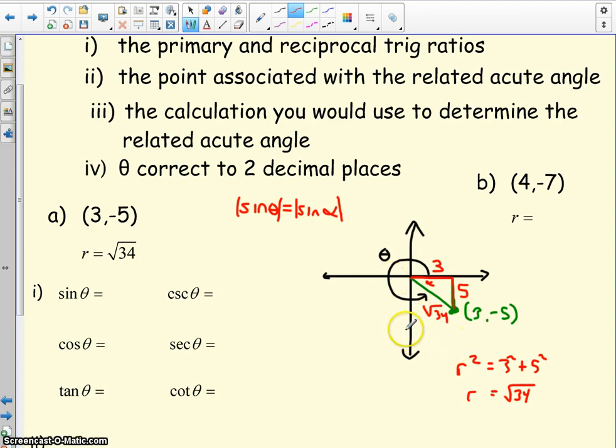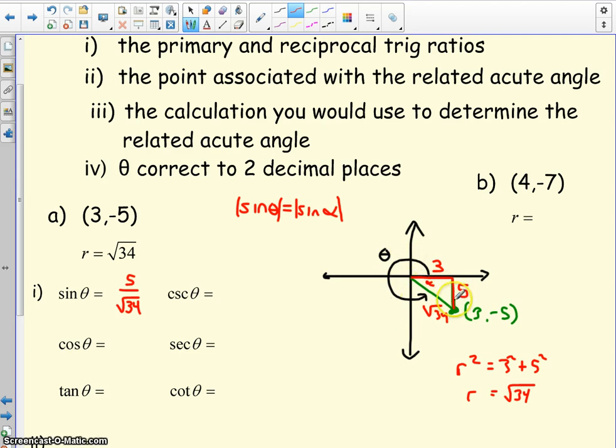Enough talking, let's actually do this. Looking inside this triangle, sine is opposite over hypotenuse, so that's going to be 5 over root 34. But that's for my alpha. I want to actually find theta.